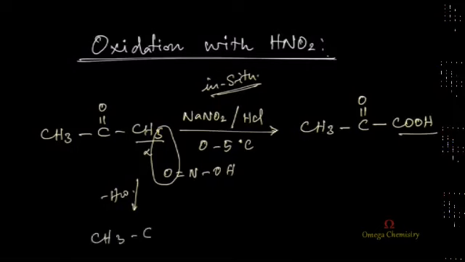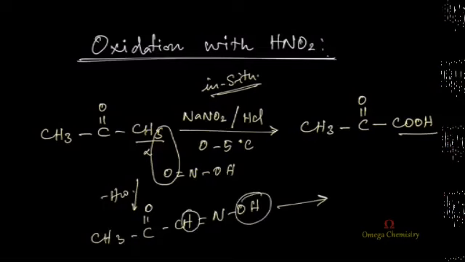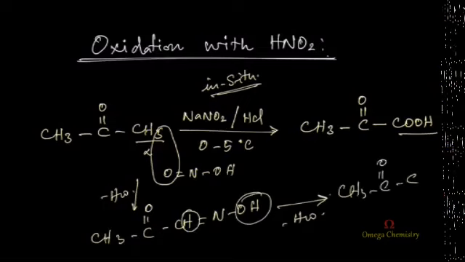So we'll get CH3-C double bond O and a CH double bond NOH. Again a water molecule will leave, okay, one more water molecule will leave, so I'll end up with a cyanide derivative, which upon hydrolysis will give me the final product, right?